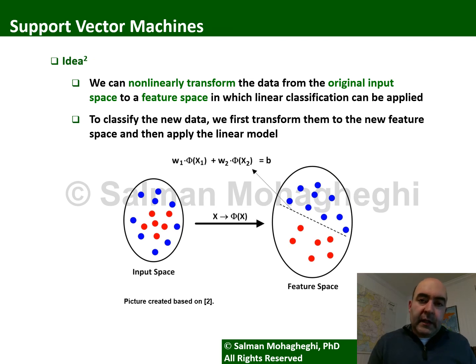Now we saw that if the classes are not linearly separable, the support vector classifier allows us to still find a linear boundary between them at the expense of having some misclassification, some observations that are classified as belonging to the wrong class. This is okay in situations where the level of nonlinearity between the two classes is small. However, in some situations, that nonlinearity might be significant.